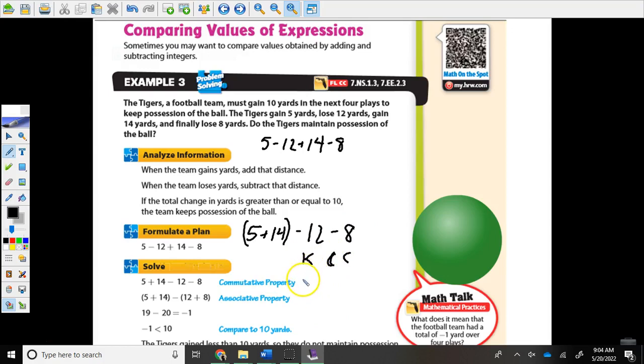And that would be negative 12 plus negative 8, or minus 12. So we'd get 5 plus 14 is 19, and then it would be minus 20. Okay? This ends up equaling negative 1, and that is less than 10. That's why it needs to be more than 10.